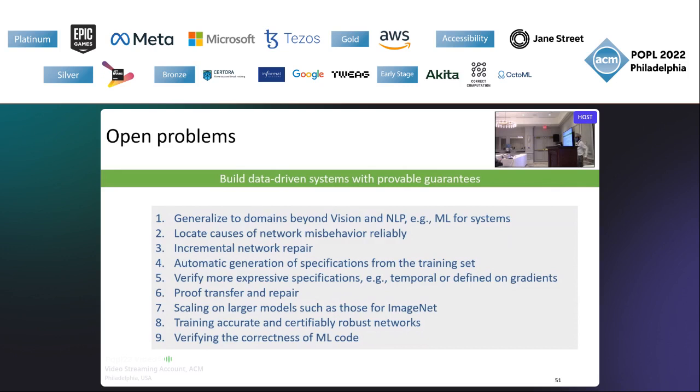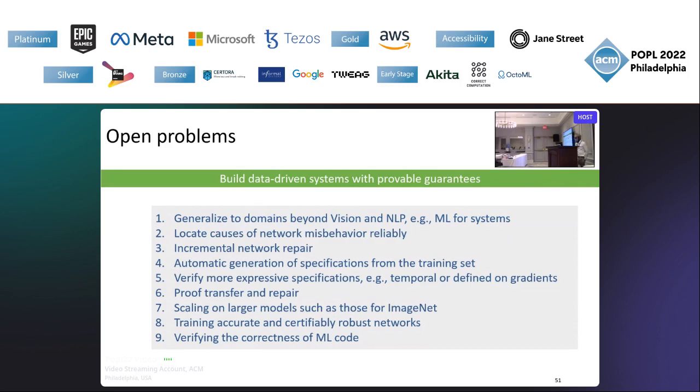L infinity or geometric specifications are just defined over the inputs and outputs of the network, but you can also define specifications on first order or second order properties of the network, like gradients or something else. You can also define temporal properties, like if I have a neural network in a reinforcement learning controller, the controller makes decisions that do not break the system, and so on.